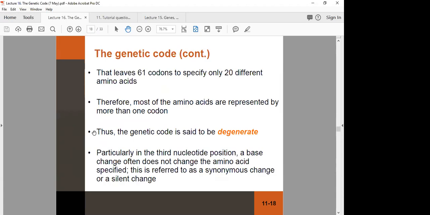Thus, the genetic code is said to be degenerate. We saw that particularly in the 3rd nucleotide position of a codon, a base change often doesn't change the amino acid that's specified. This is simply referred to as a synonymous change or a silent change. We can also refer to it as a silent mutation because it has no effect on the amino acid encoded.